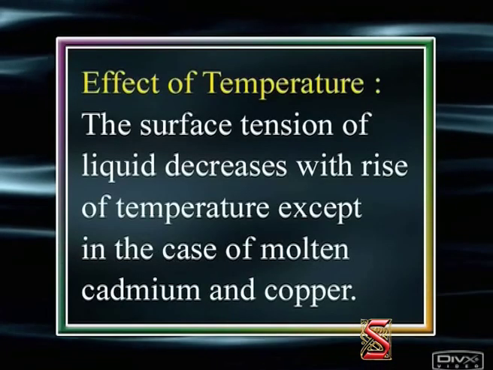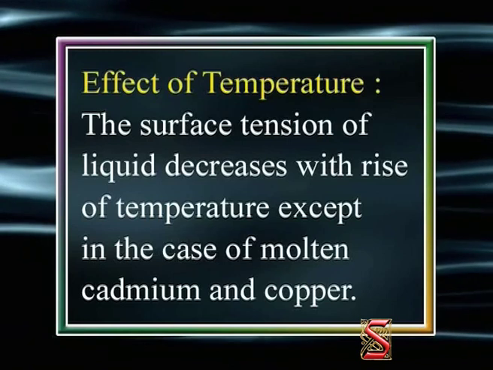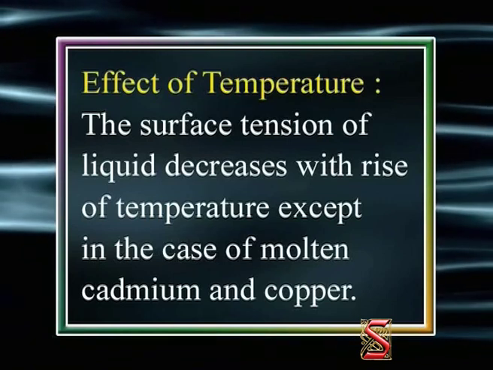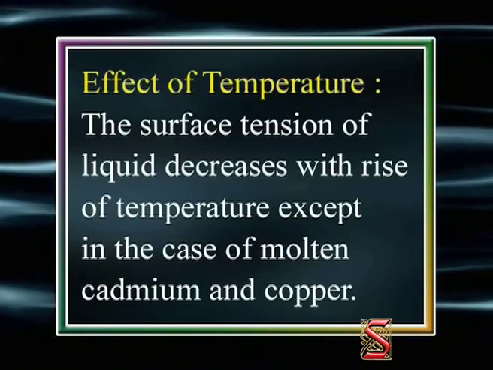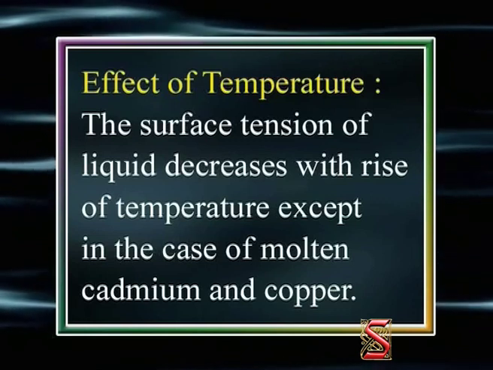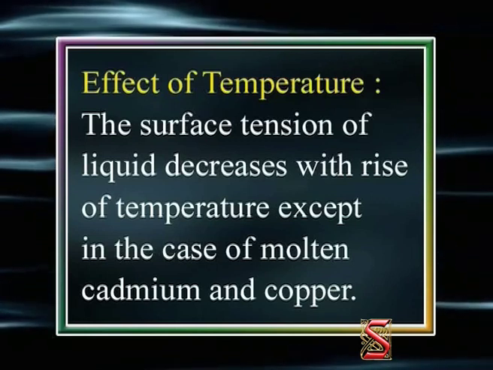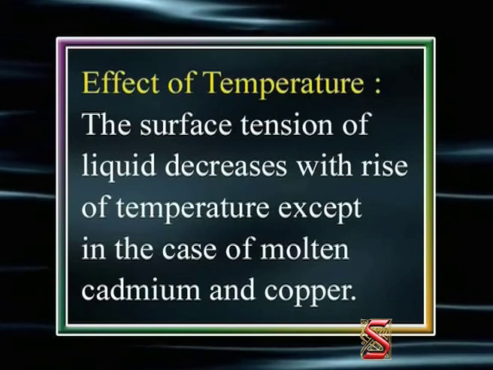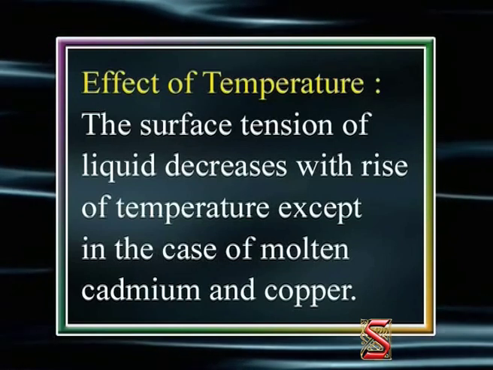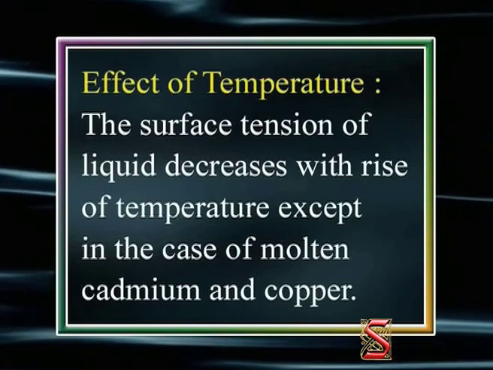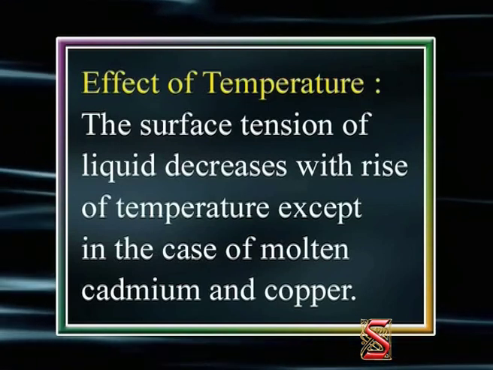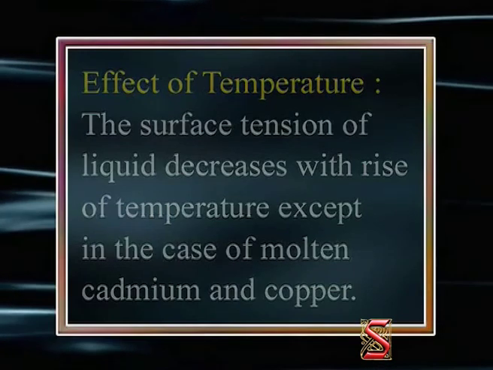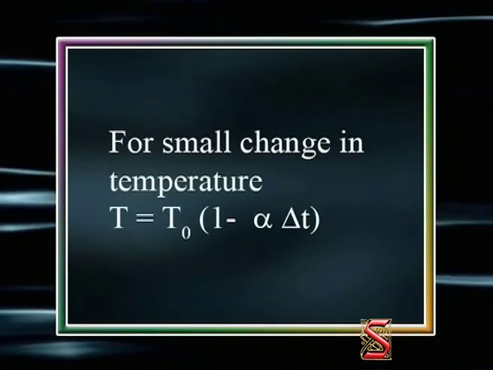Now, let us see the effect of temperature, another important factor which affects the surface tension. The surface tension of a liquid decreases with the rise of temperature, but it is not true in all cases, except in the case of molten cadmium and copper. Now, let us take that equation. This equation is valid only for small changes of temperature.